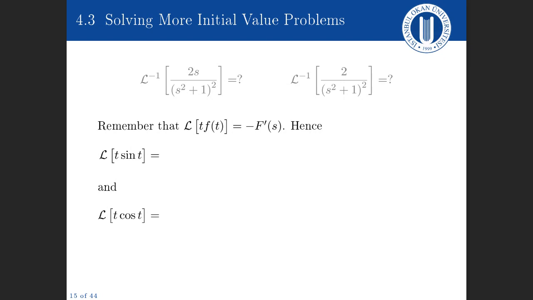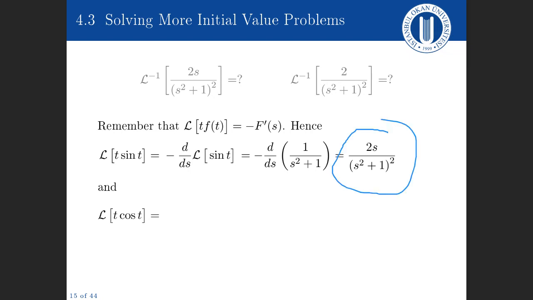First, let's look at t sine t. Using the formula, that must be the same as minus the derivative of the Laplace transform of sine t. Minus the derivative of 1 over s squared plus 1, which is 2s over s squared plus 1 squared.